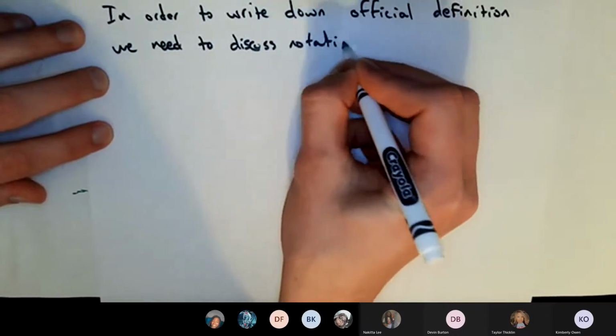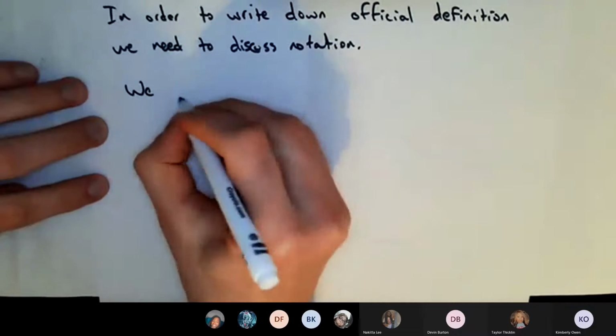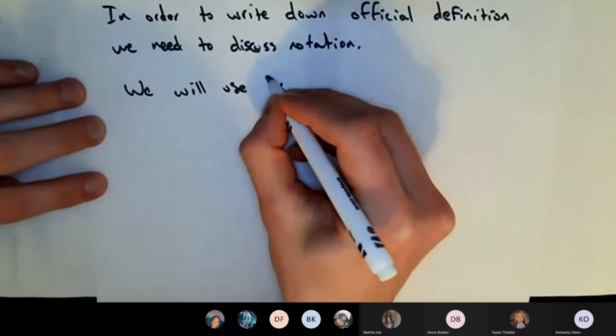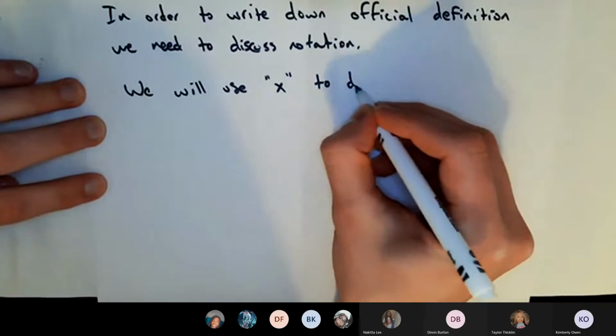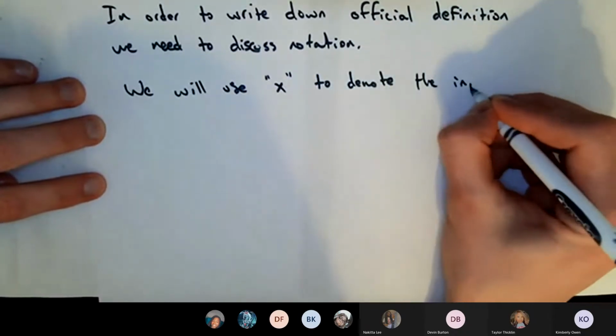All right. So typically, we will use x to denote the input of a function.